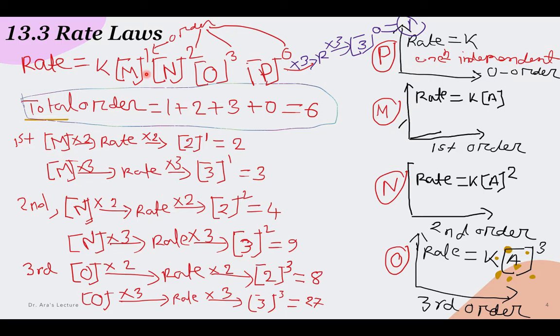Now if we increase the concentration twice, how can we write the rate? When we increase the concentration 2x, the concentration of M equals 2, and with exponent 1, 2 to the power 1 equals 2.